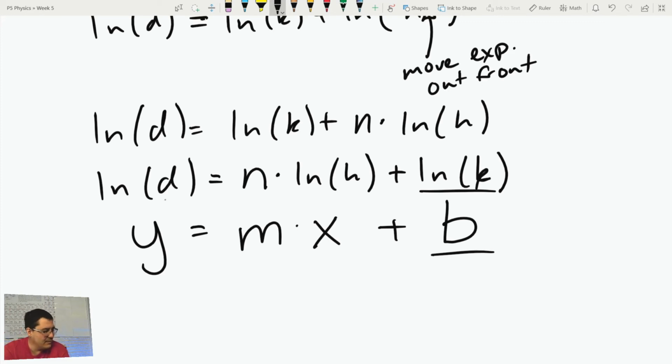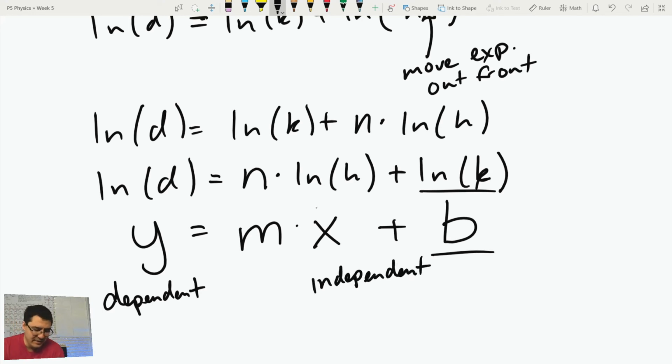Because we are measuring the diameter of a crater, this is our dependent variable. We usually call the dependent variable y. So the dependent variable y in this case is equivalent to the natural log of the diameter. And if you remember, for experiment 1, we adjust the height of the object, so the height of the object is our independent variable.